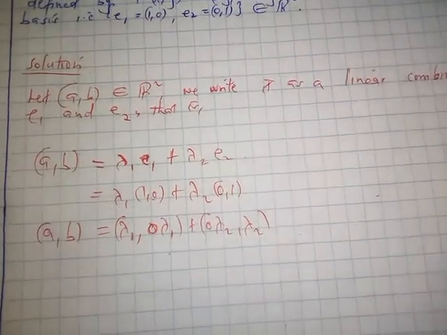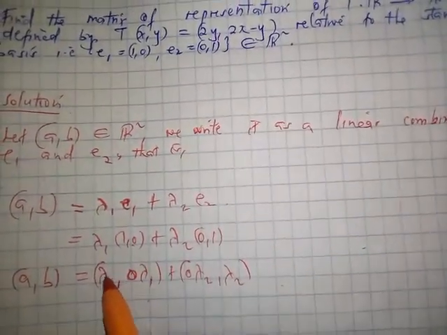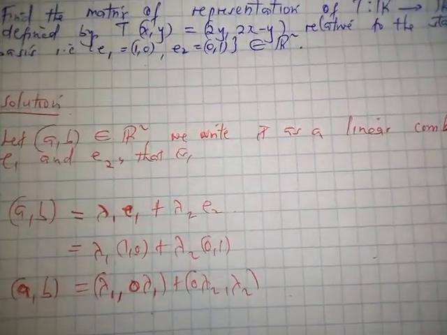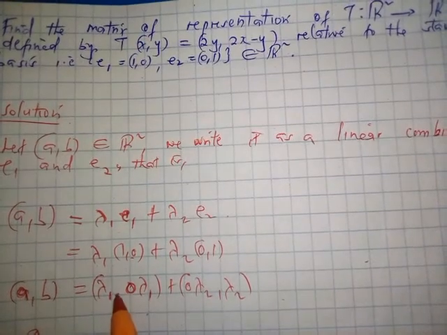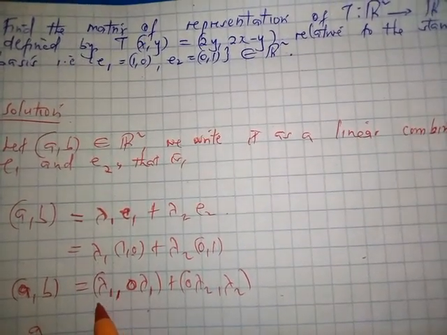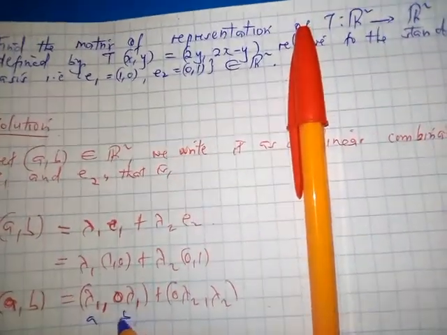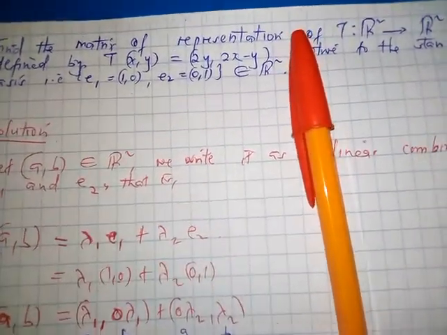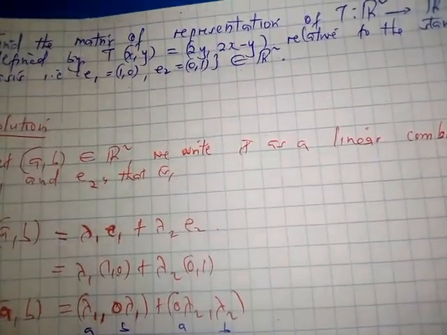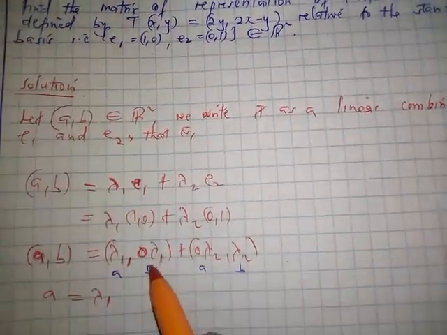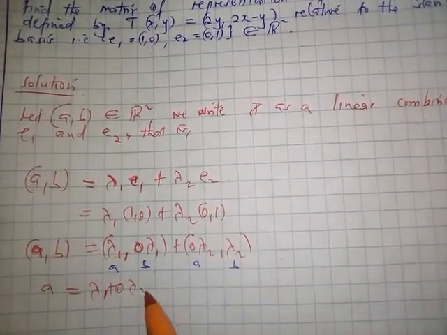Okay, so we can confidently say that the first part before the comma is for a, and the second is for b. Are you there? So a is equal to lambda 1 plus 0 lambda 2.